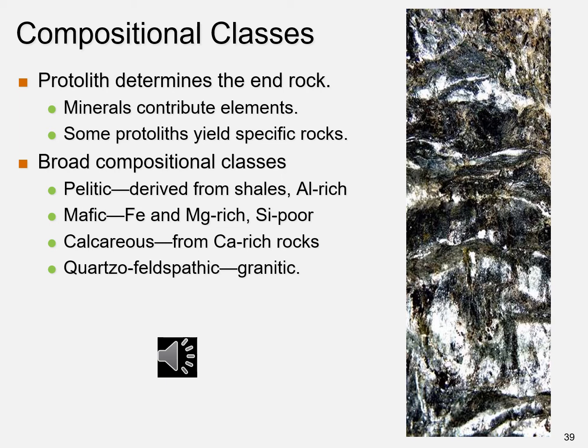To distinguish among different compositions found in metamorphic rocks, geologists have divided them into 4 broad compositional groups: pelitic, mafic, calcareous, and quartzo-feldspathic.